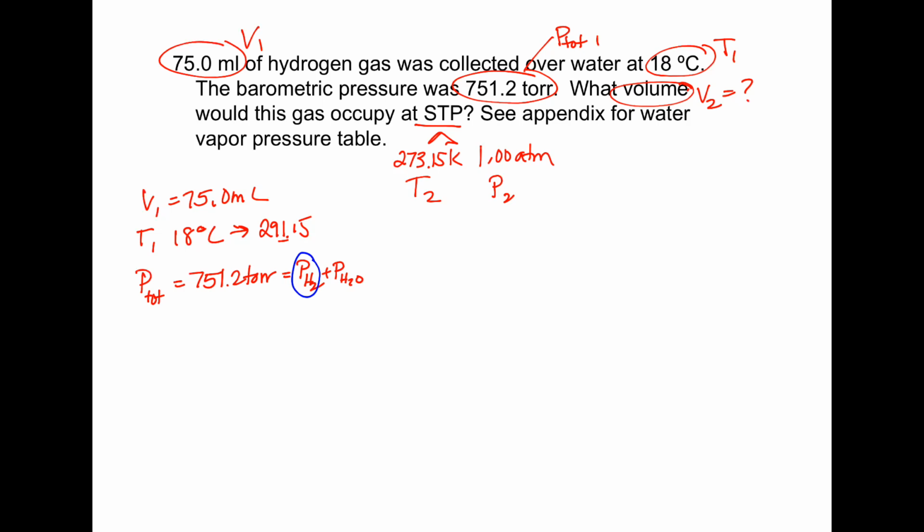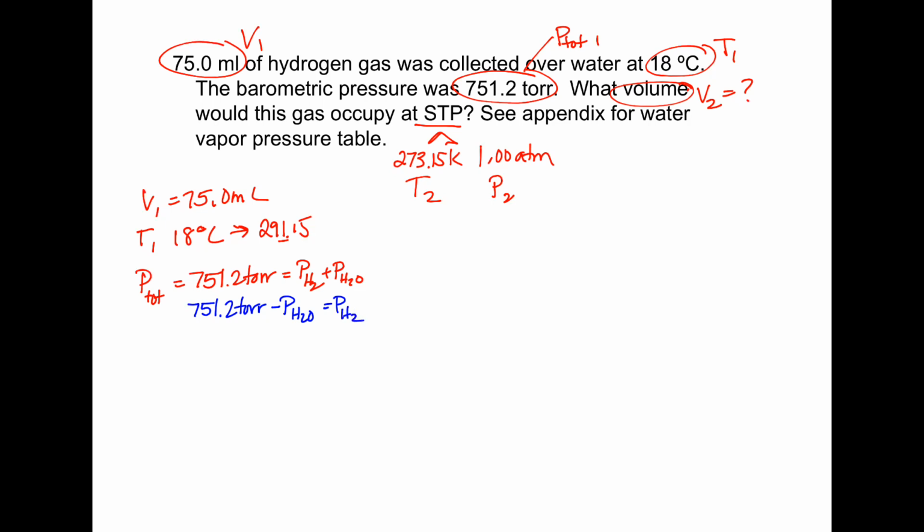So I'm going to subtract out the vapor pressure of water. Algebraically, I'm going to say that 751.2 torr minus the pressure of the water is going to be equal to the pressure of the hydrogen. And that's what I want.